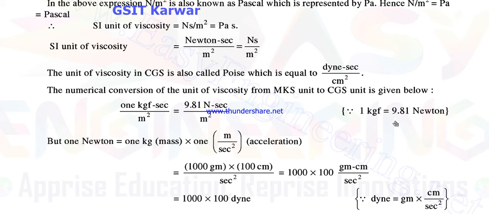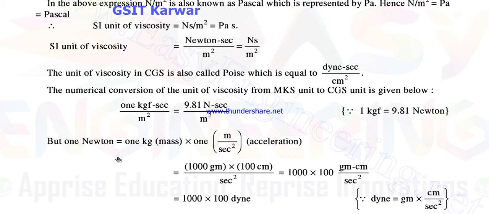Commonly students wonder what the difference is between Newton and kg. 1 kg force is equal to 9.81 Newton. You should remember, this is very important. 1 Newton is equal to 1 kg times 1 meter per second square. When we take kg as a force, the acceleration due to gravity is multiplied.